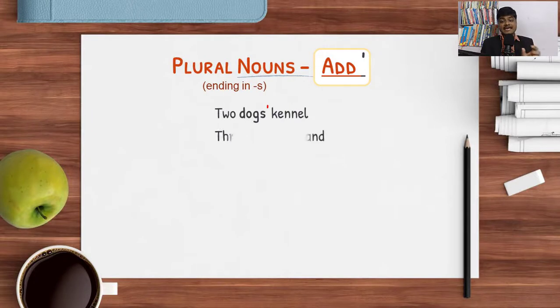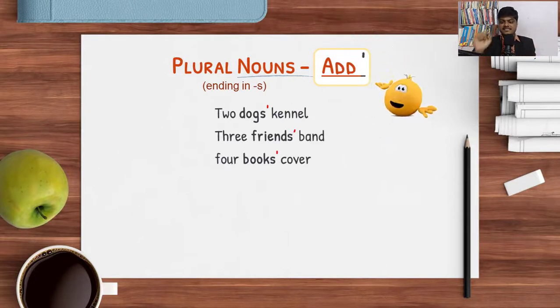Plural nouns ending with s, just place an apostrophe at the end of the noun. Two dogs' kennel. So dogs is a plural noun that ends with s. So just adding an apostrophe at the end of dogs makes it a possessive of kennel. Three friends' band, four books' cover.